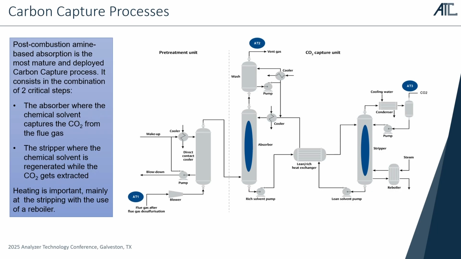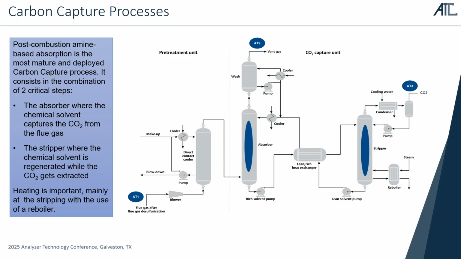The most common and mature technology used to capture carbon is amine-based absorption. In this process, the amine-based absorbent captures the CO2 from the flue gas, which is then passed through a stripper, where the solvent is regenerated and the CO2 is extracted.